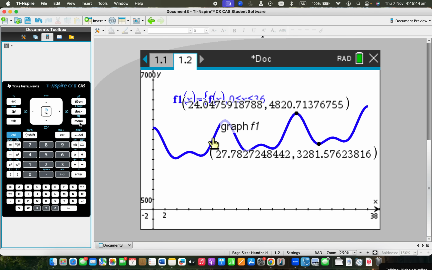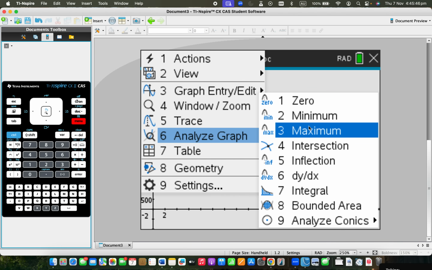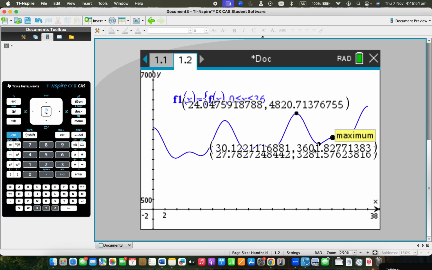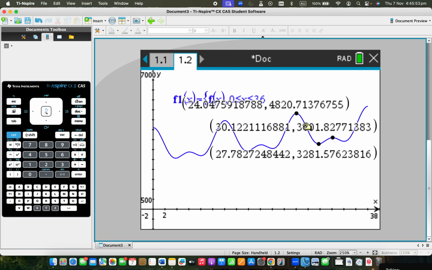And then this maximum. Okay, let's just sketch those for now so that we can get rid of these so that the numbers aren't so bad. So the maximum was 24.04748. So it's about the same, 24 and 4820.